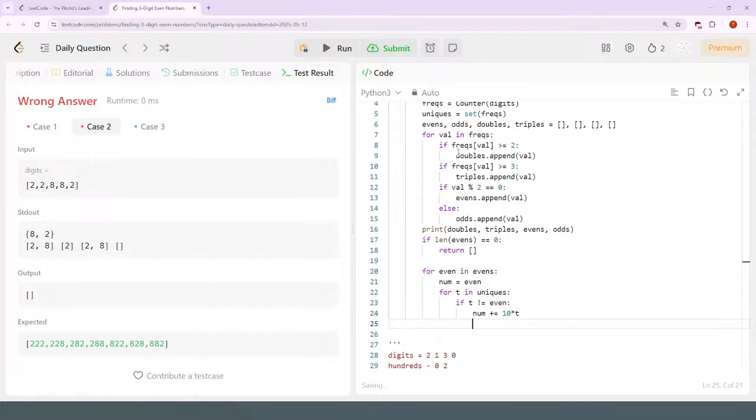And if the t is equal to the even number, then continue actually. Just skip this one.